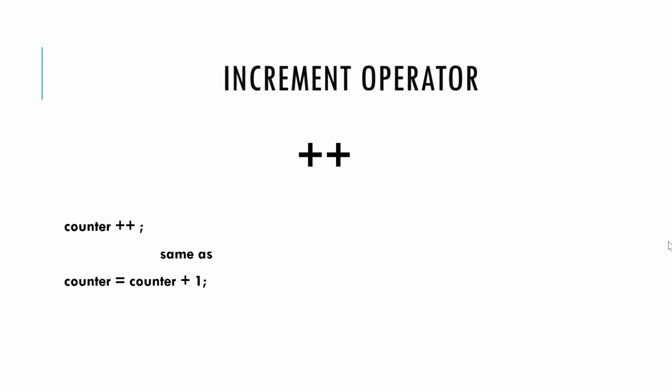So it means increment the value, whatever the initial value is, by 1, and after every loop increment it by 1. Similarly, the decrement operator, as you have guessed, means decrease it by the value of 1, subtract 1. This is just a short way of writing it. Usually we deal with incrementing and decrementing by 1 so much that it is feasible to use this kind of shorthand notation.